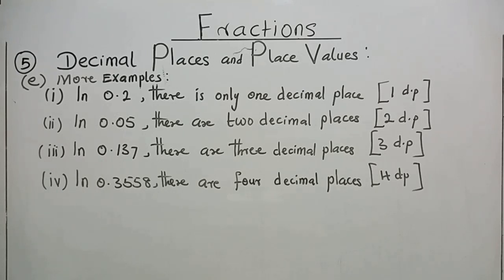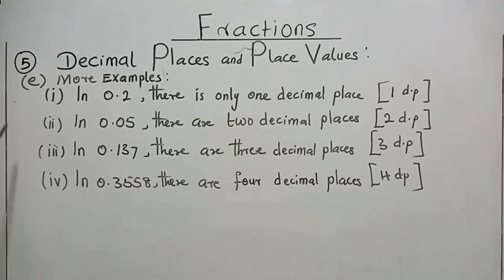Let's make progress. The third one says, in 0.137, there are 3 decimal places or 3 dp. What it means is that from whichever vulgar fraction 0.137 came, 3 rounds of sharing took place before it was produced.